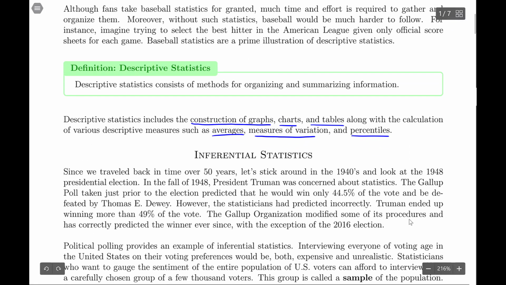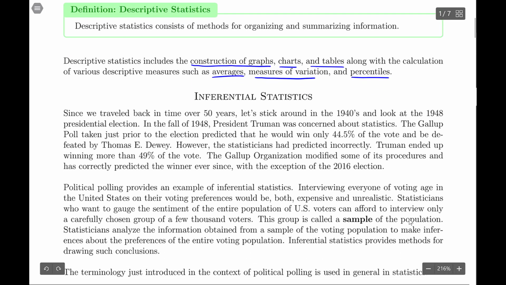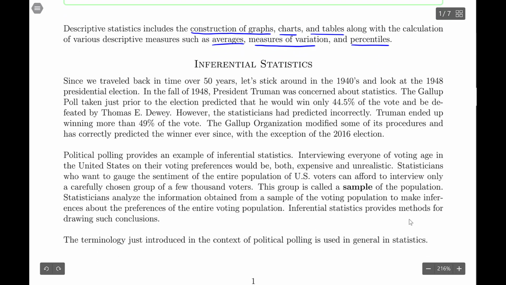So inferential statistics is where we take some of the values that we are provided with and we make predictions based off of what we think we know. We're going to stay back in the 40s here, and we're going to look at the 1948 presidential election. And this one is interesting because statistics actually failed in this election.